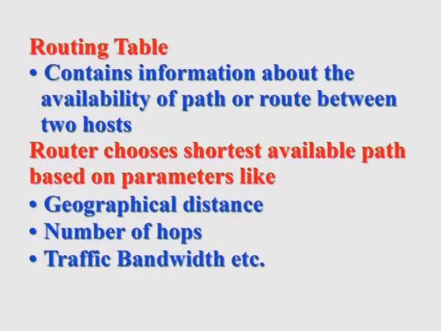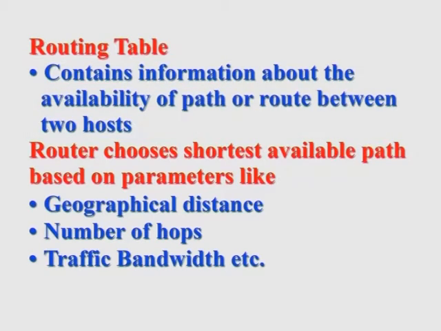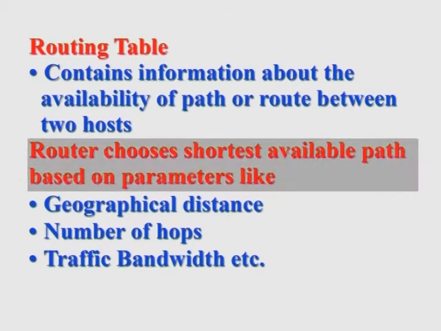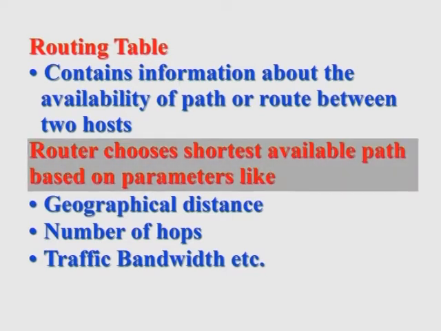Now what does this routing table contain? The routing table contains information about the availability of a path or route from source to destination. Now who chooses the shortest possible path, and how? The answer again is the router. The router chooses the shortest available path using some routing protocols.